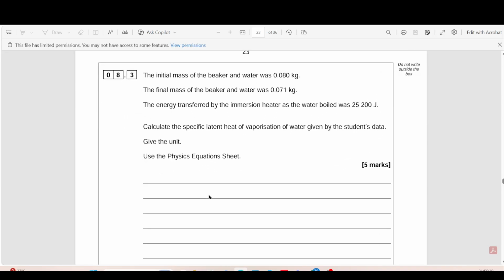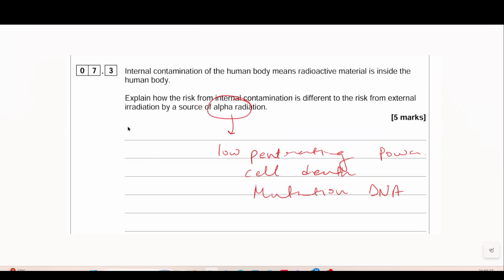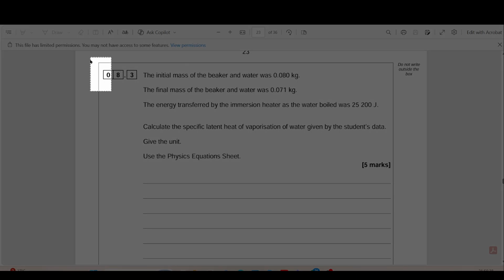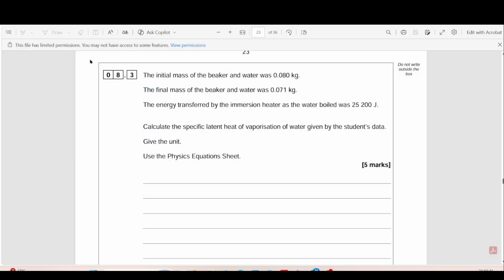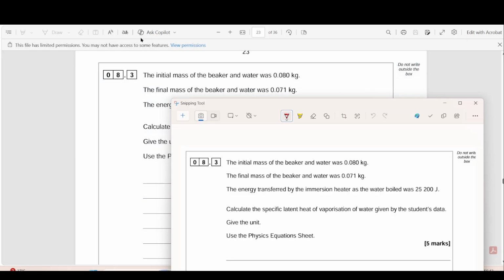The initial mass of the beaker and water was 0.80 kg. The final mass of the beaker and water was 0.71 kg. Energy transferred by the immersion heater to boil the water was 25,200 joules. Calculate the specific latent heat.